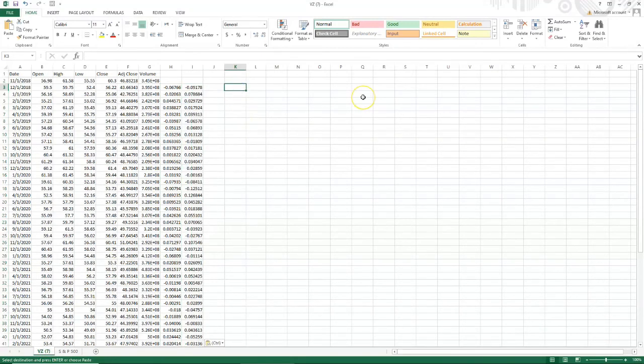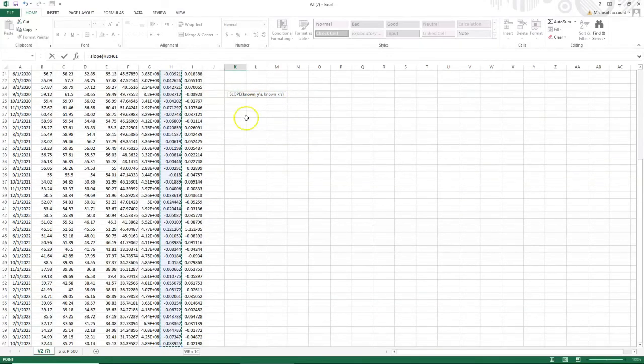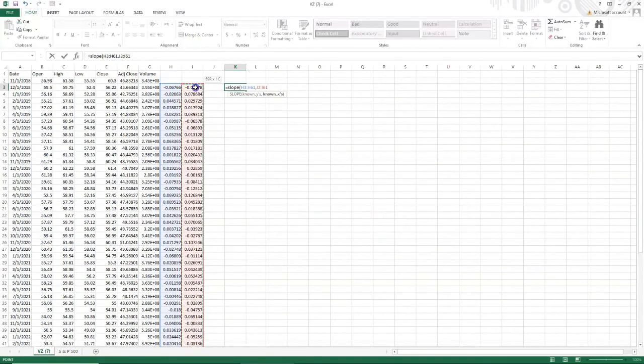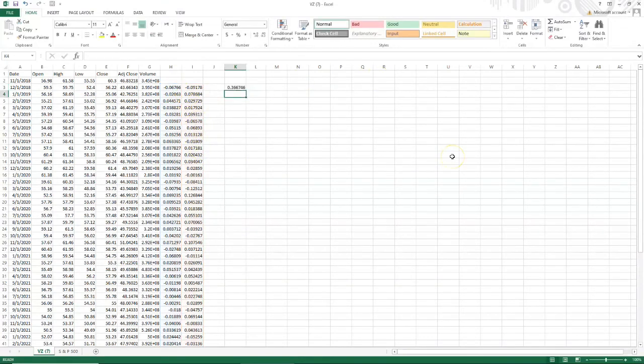Now to calculate beta, just type equals SLOPE, y comma x. Y is the dependent variable, which is the stock return, and comma, then we put the market return. In this way, we measure how our stock reacts to a change in the market.